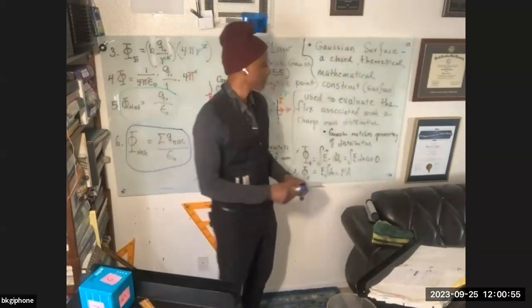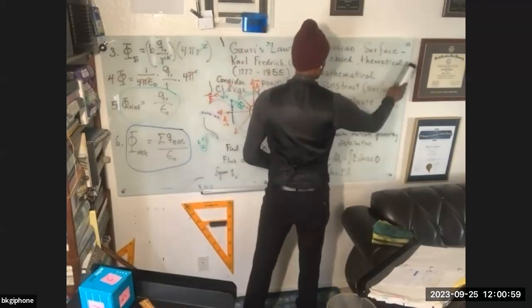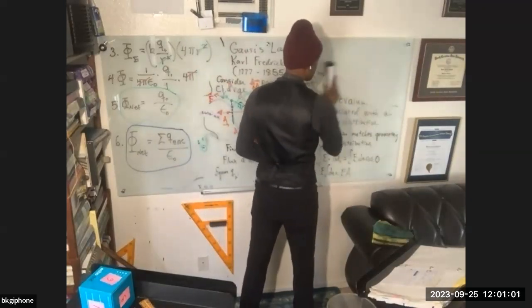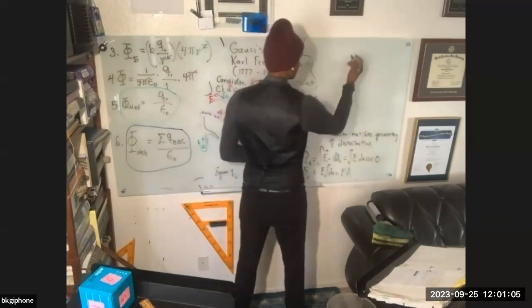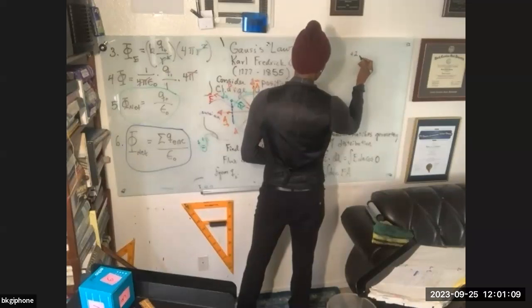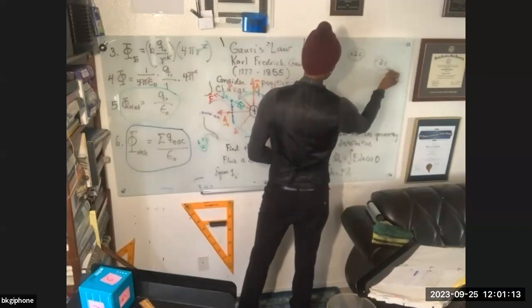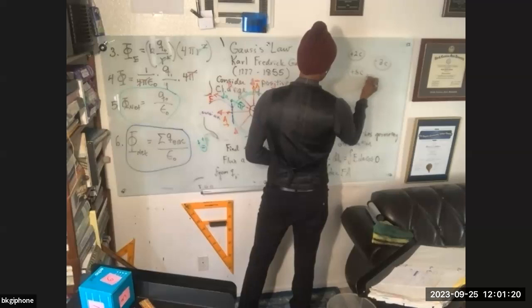So really reinforcing the power of Gauss's law, let's say that I have several point charges in a region. So +2 coulombs, and then -3 coulombs, and then +5 coulombs.